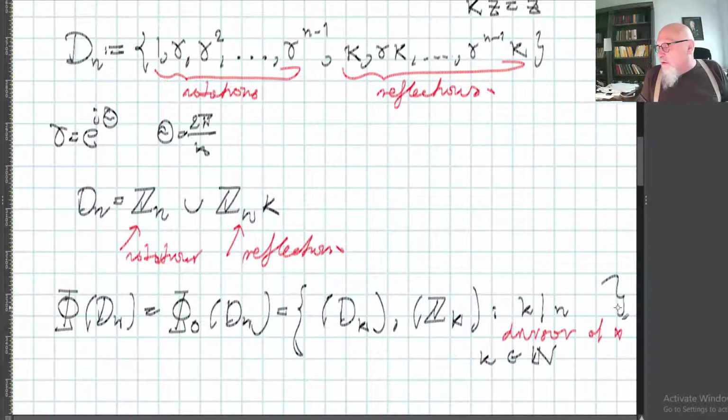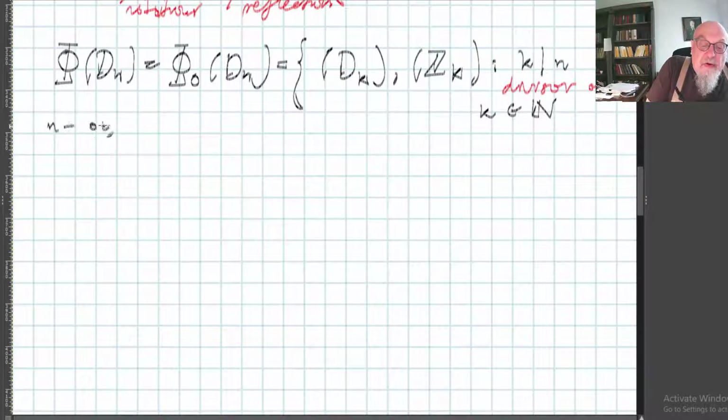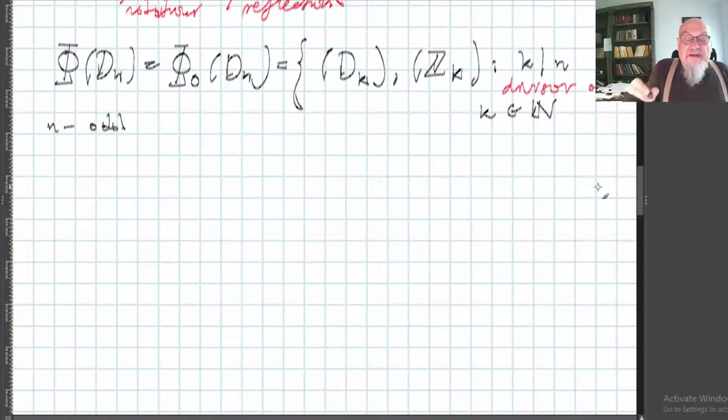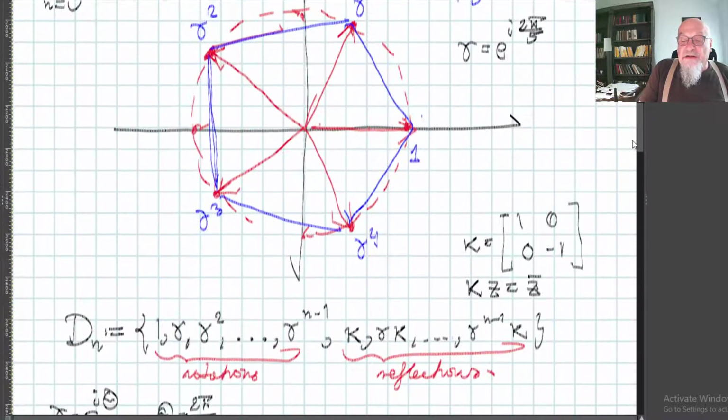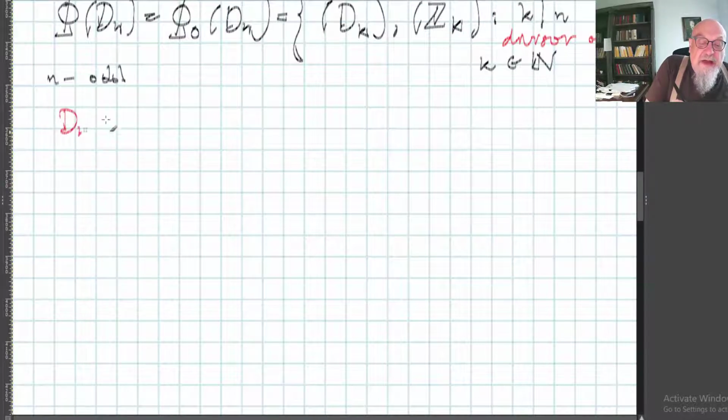It's kind of interesting to notice, for example, because n is odd, remember n is odd. If you look, for example, at our example, you have D1 contained in D5.